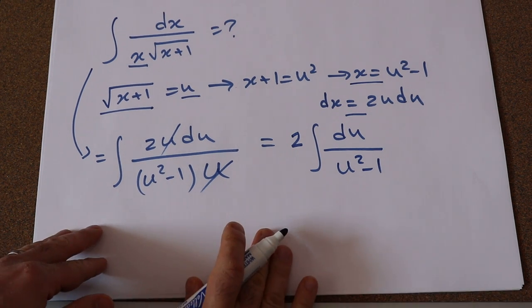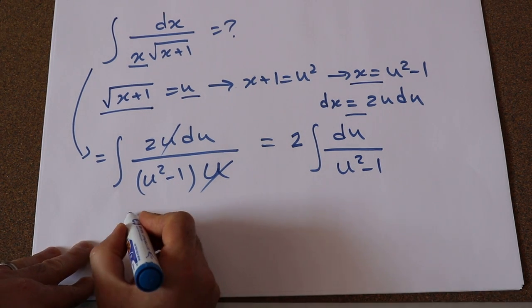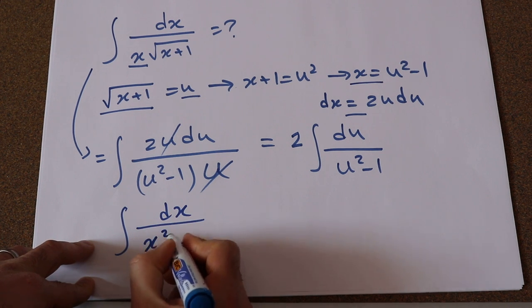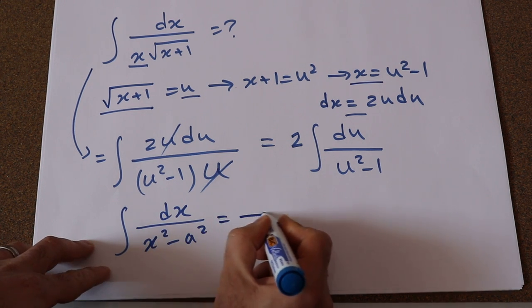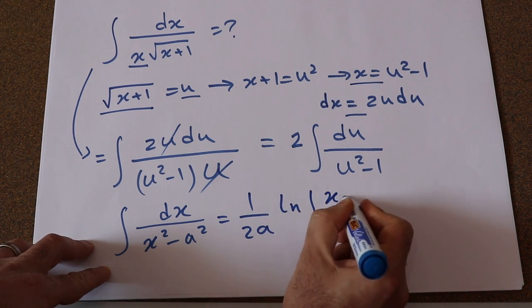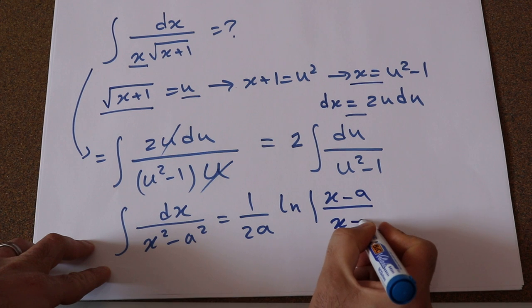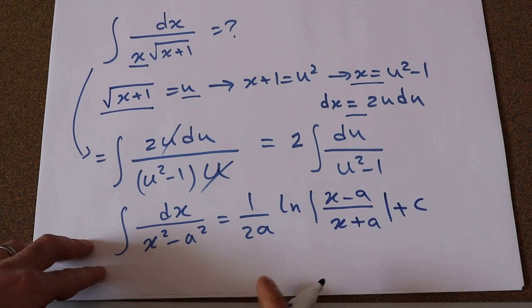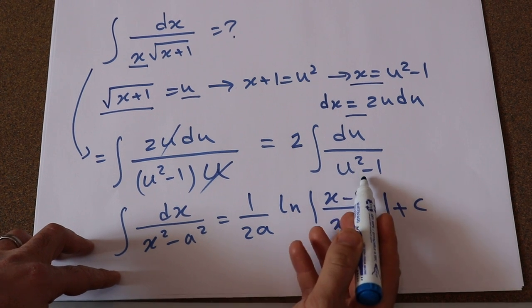Okay, so from the table of integrals, you know that the integral of dx divided by x² minus a² is equal to 1 divided by 2a times ln of (x minus a) divided by (x plus a), plus c. Okay, that's from the table of integrals. So you can use this formula to solve this integral.